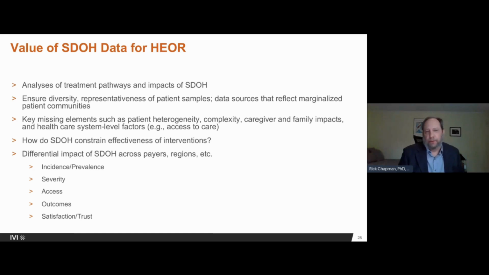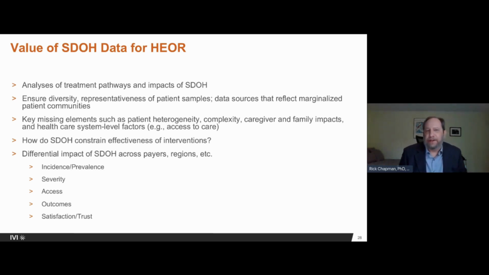I think we can also, when we're doing these types of analyses, make sure that we're getting representative data samples that represent the diversity and heterogeneity of patients who are out there, or at least that we know when we're not reflecting the heterogeneity of patients out there and what we can do about it. I think it can help to fill in some key missing elements that we often don't have, like things around heterogeneity, complexity of people's environments, and how that can impact treatments and access to treatments.